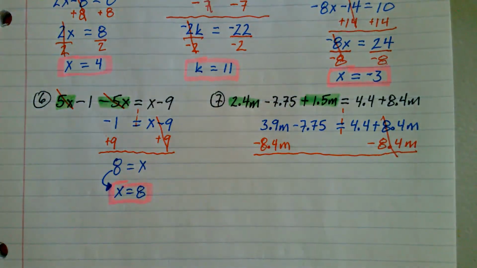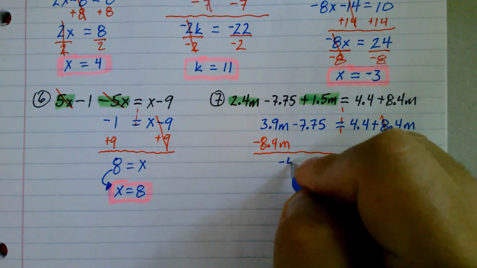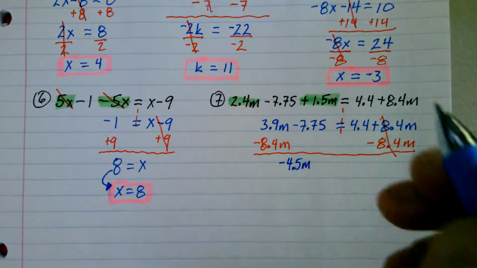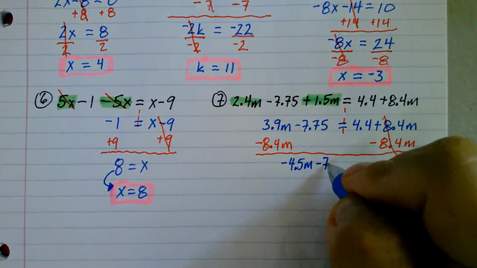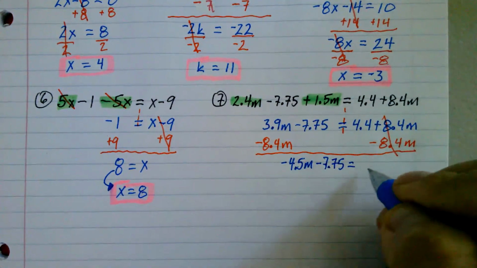Okay, so negative 4.5 it is. Negative 4.5 m minus 7.75 equals 4.4.